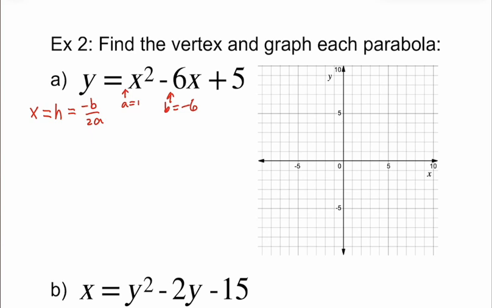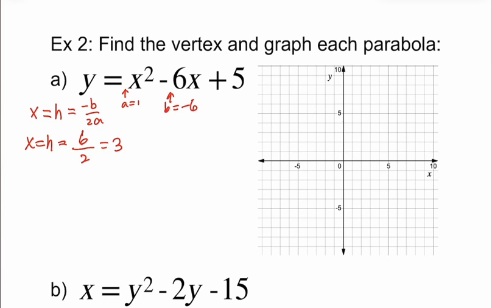So we have a negative 6 sitting there, and the opposite of that is positive 6. And then I usually do 2a in my head. A is 1, double that, get 2. And so our vertex's x is 3.